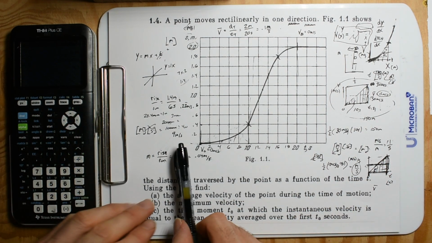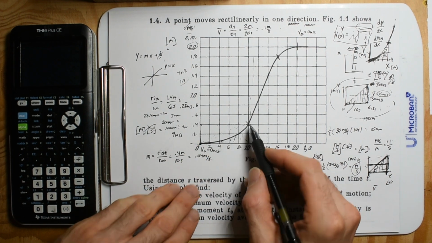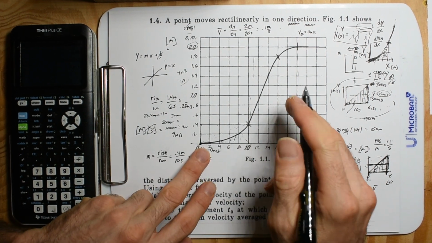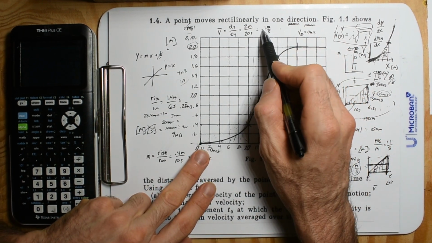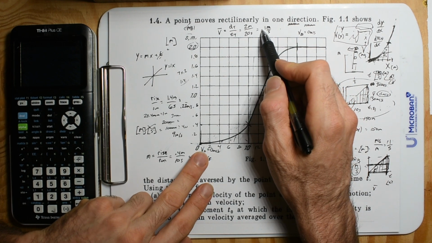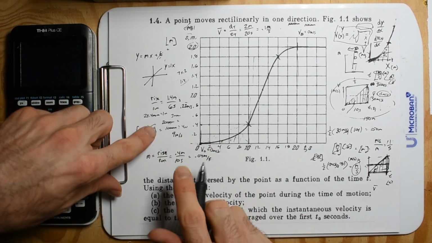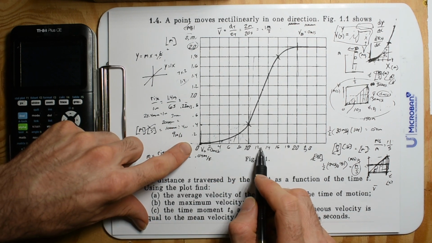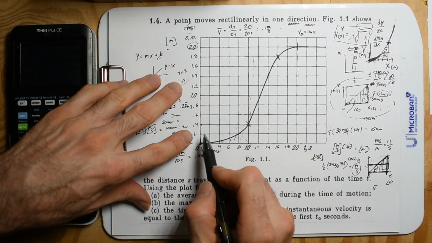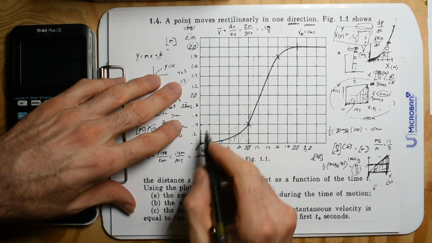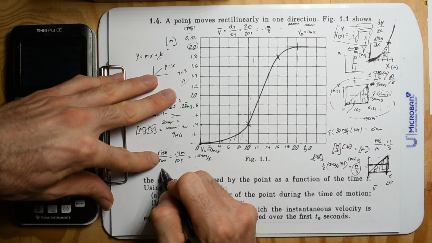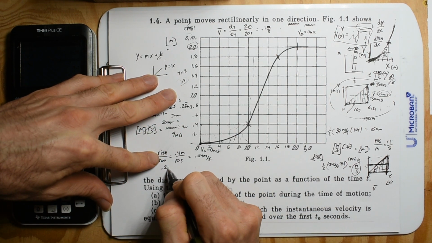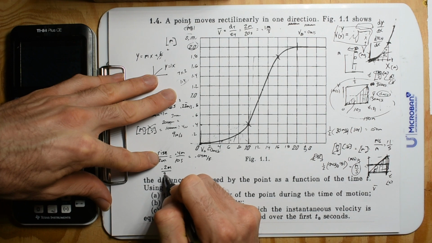So there you go. And where on this graph are we actually moving 0.1 meter per second? Can we even find that using the slope? The slope says we're going to go up 0.1 and we're going to go over 1 second. Now, our graph isn't in 0.1 meters up. It's in 0.2. But we can still say the slope of this is going to be 0.2 meters up per 2 seconds.